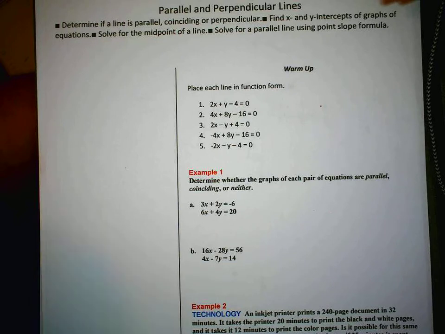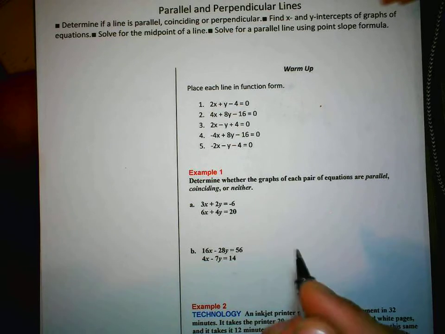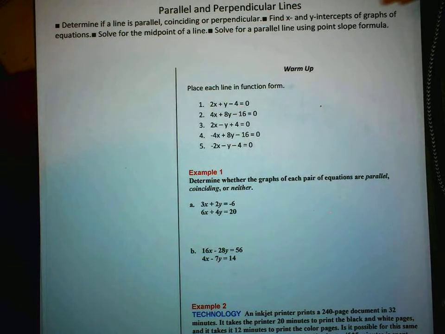Alrighty. Example number 1 is to determine whether the graphs of each pair of equations are parallel, coinciding, or neither. The first thing we have to do for each one of these is put our lines into y equals mx plus b form.